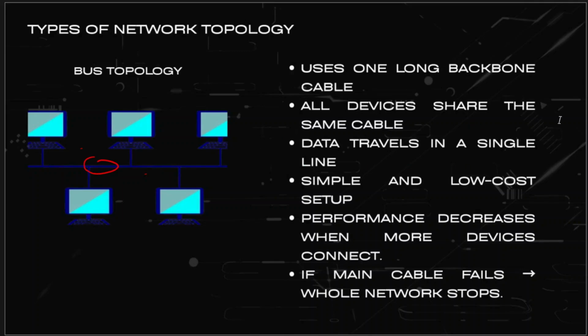If the backbone cable breaks, the whole network dies. If everyone talks at once, you get data collision, making the network painfully slow. The performance will get slow if we put more data. This is why we don't find this in modern offices anymore.